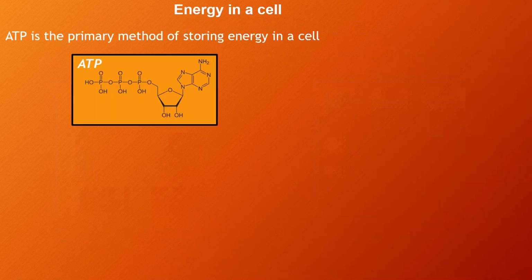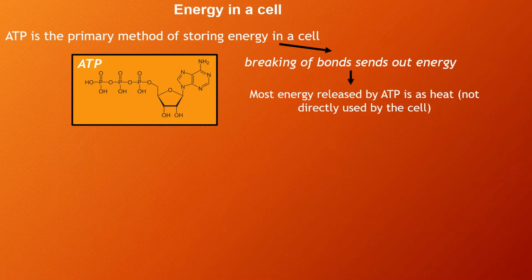And so, energy in the cell, as we said, is primarily going to be used as ATP. We've discussed this before. And that as we break bonds, we'll be sending out energy, either by incorporating ATP or by breaking off these phosphate groups. We'll be releasing energy.